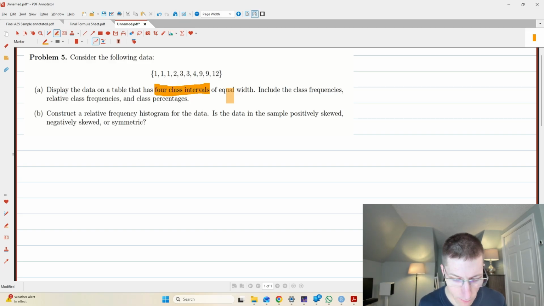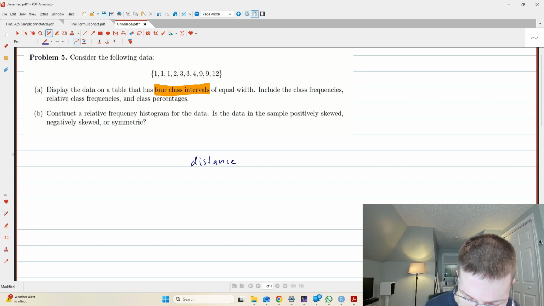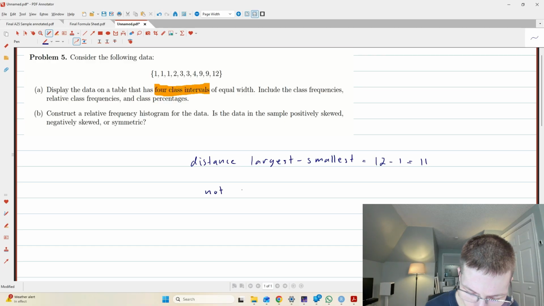So from that, you can see that 12 minus 1 gives you a distance. So the distance between the largest and the smallest is going to be 11, which is not nicely divisible by 4.